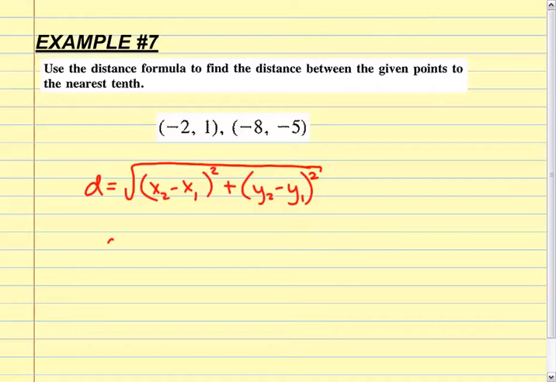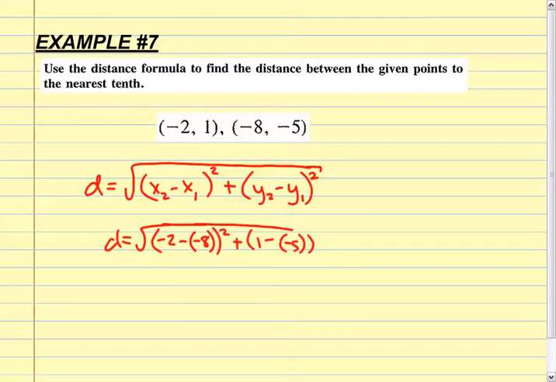Let's fill that in. Square root, okay, what? Negative 2 minus negative 8 squared plus 1 minus negative 5 squared. Okay, good. Now, keep going.